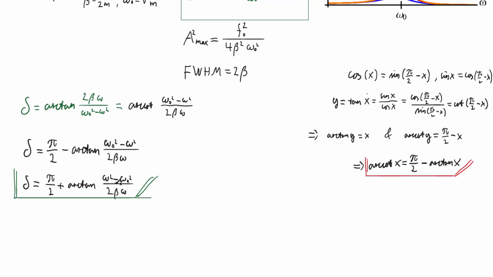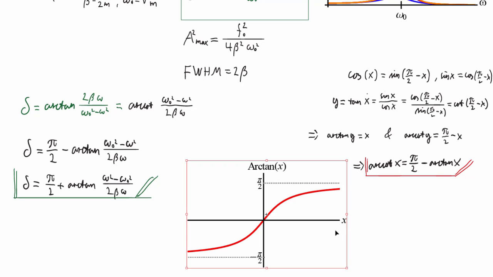That's our result. If you don't remember what the arctangent looks like, I did plot it for you here. So you can see that for large values of x, it asymptotically approaches pi over 2. For large negative values of x, it asymptotically approaches minus pi over 2.